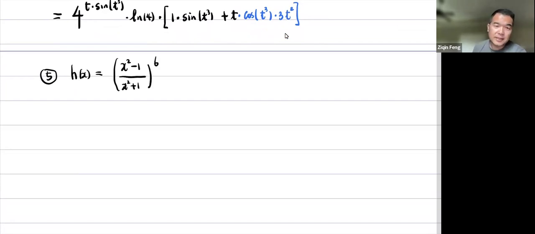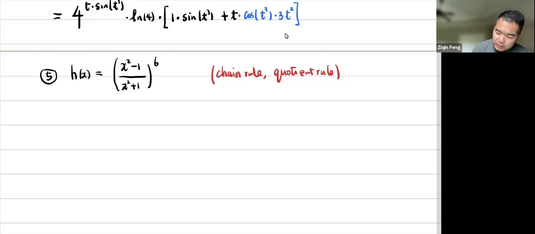Look at this function: you see a power function first, to the power 6, and the inner function is the quotient. So clearly, you can write down the rules we have to use. We have to use the chain rule and the quotient rule, because we have to differentiate the inner function.